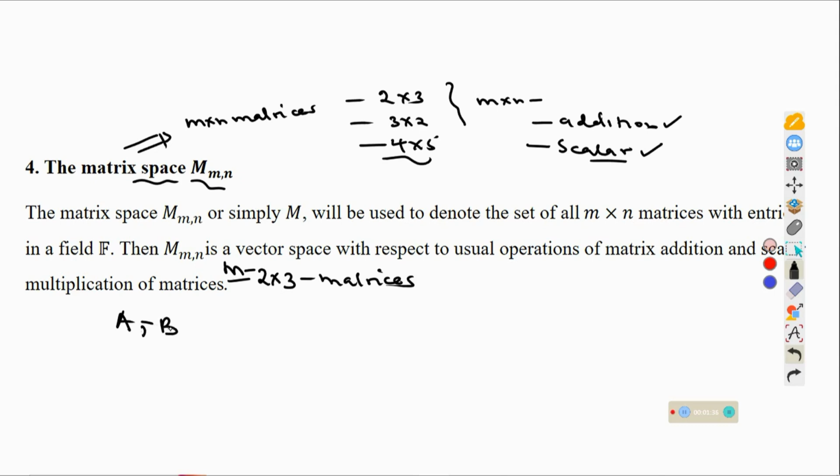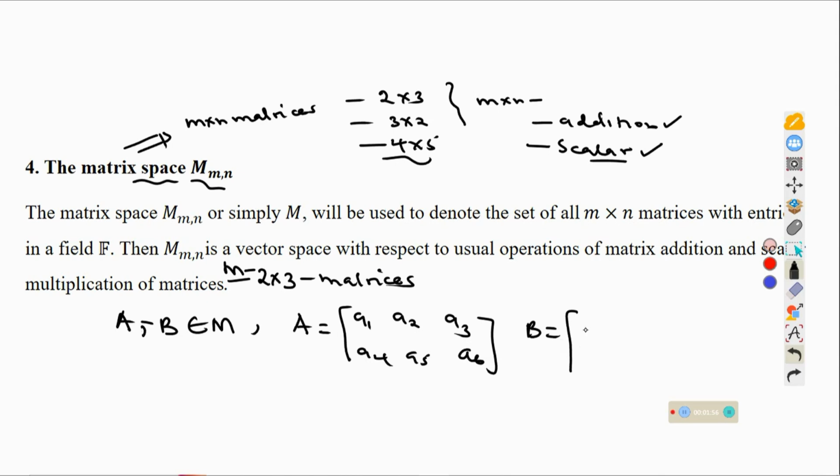So if matrices A and B are picked from M, of which A is of the form, for example, A1, A2, A3, A4, A5, and A6, and B is also of the form B1, B2, B3, B4, B5, and B6, that is a 2 by 3.